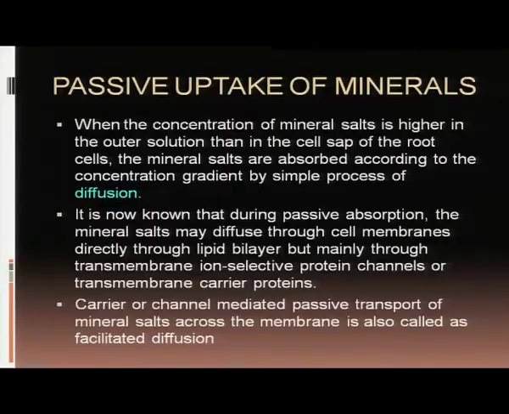But for those for whom it is very difficult to pass through the plasma membrane, there are carrier proteins available, and these take those mineral ions from outside to inside of the cell through facilitated diffusion. Here also the transport is along the concentration gradient and energy is not spent.